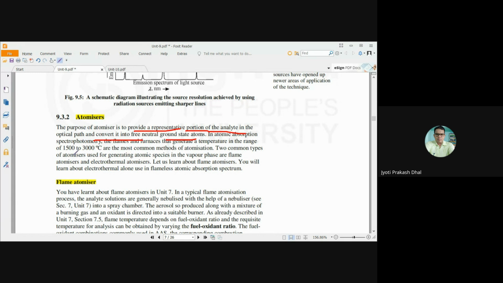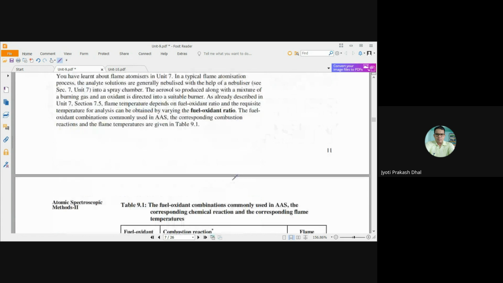In atomic absorption spectrometry, flames and furnaces that generate a temperature in the range of 1500 to 3000 degrees Celsius are the most common method for atomization. Two common types of atomizers used for generating atomic vapor are the flame atomizer and the electrothermal atomizer. Let us learn about the flame atomizer and electrothermal atomizer.